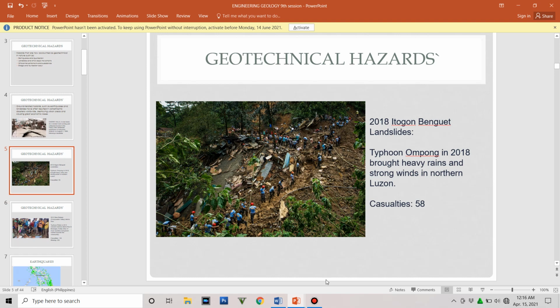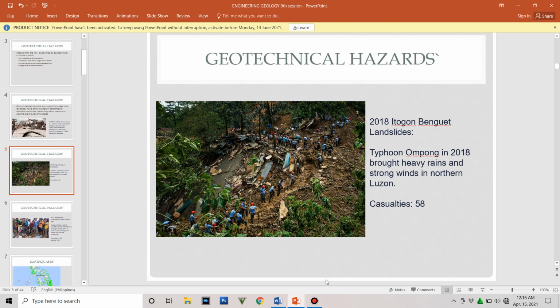miners, that is why some of them had the notion that this event was triggered by the mining activities.